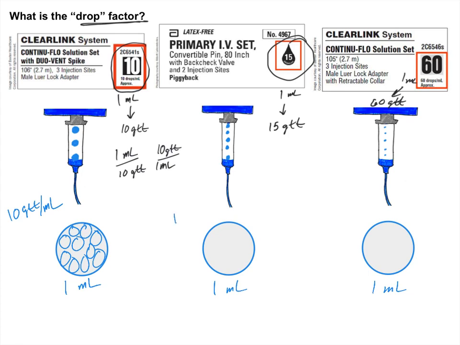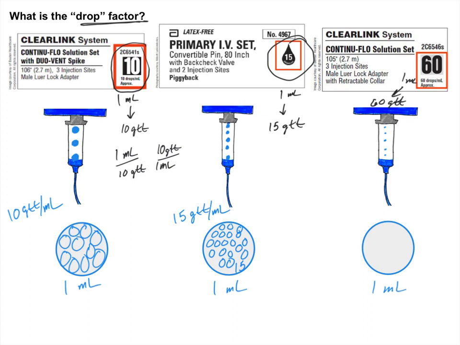If we think about a drop factor or a calibration, lots of different phrases that we might hear or see, with 15 drops, that single milliliter is now broken into 15 drops. So the drops will be smaller than with the other factor. I'm not counting, I hope that's somewhere close, but we're going to have 15 drops for each milliliter.